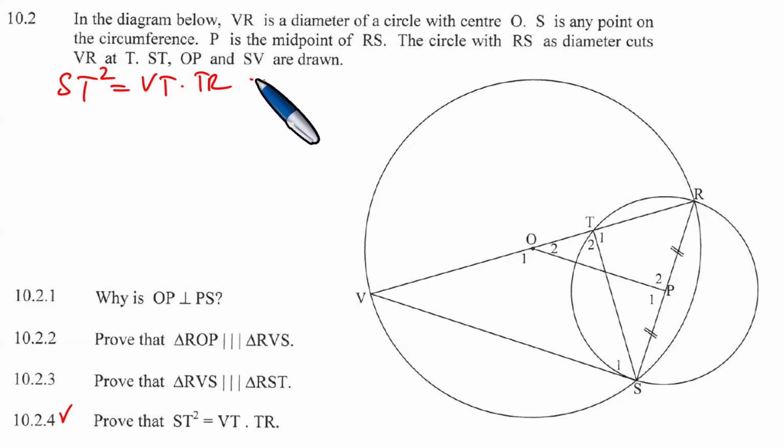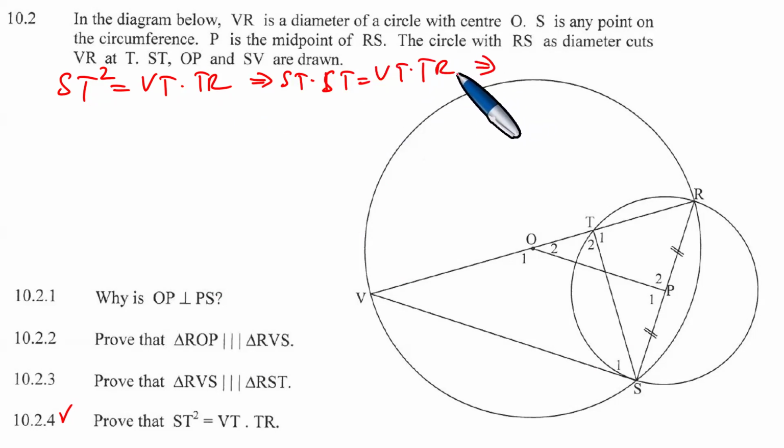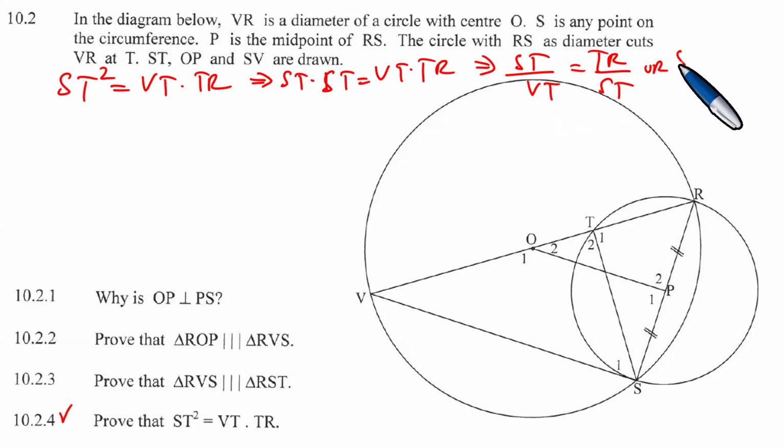Right, so this can be seen as ST squared equals VT times TR, so that ST over VT is equal to TR over ST. Okay, we cross multiply these so that ST squared is VT times TR. But you can also do it like this.